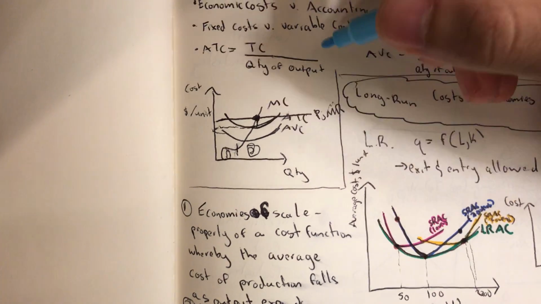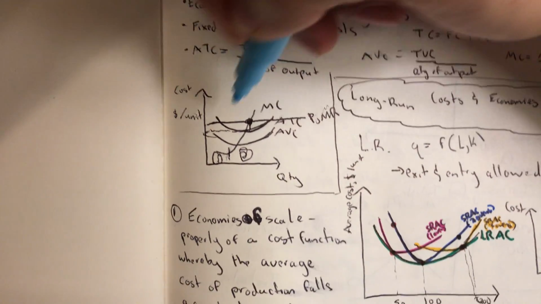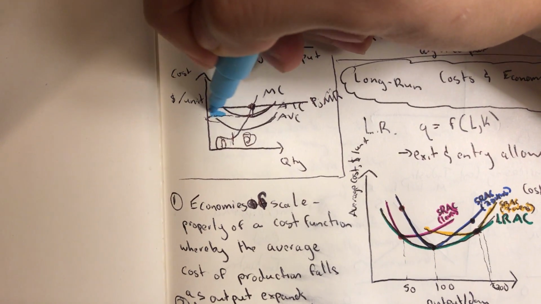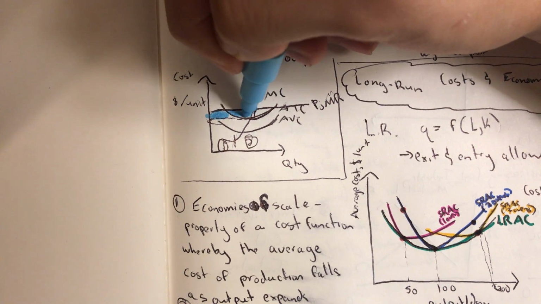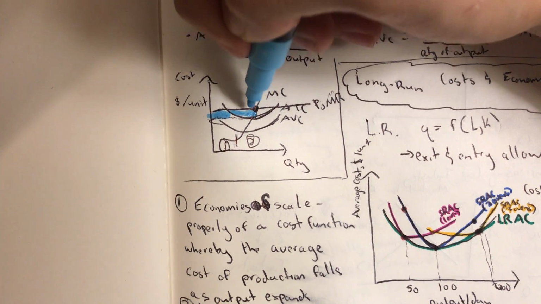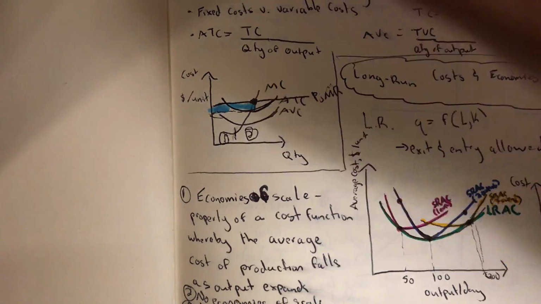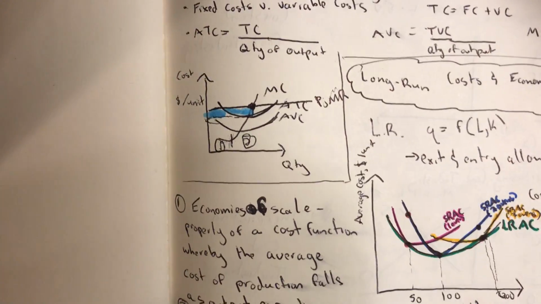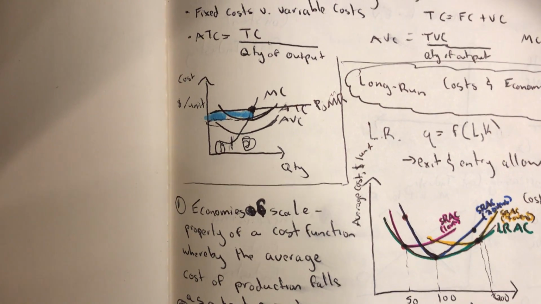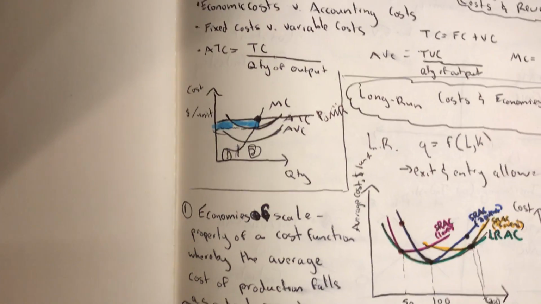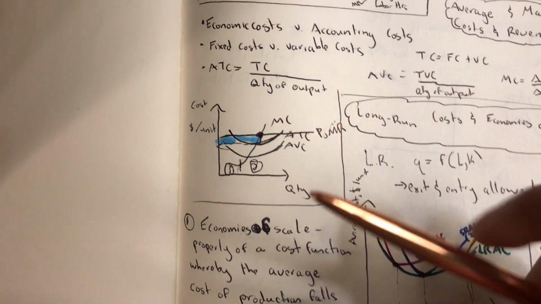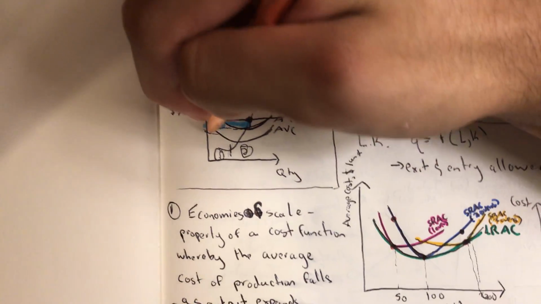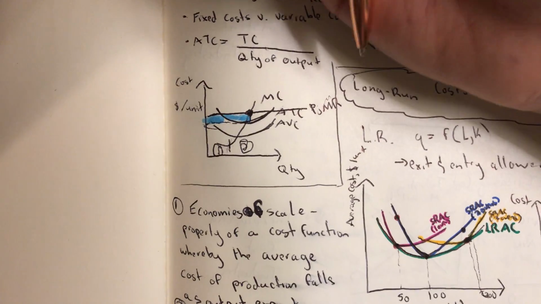So if price is above the minimum point of the ATC curve, the intersection of marginal revenue and marginal cost is going to be the profit maximization point, as we can see here, and that's quite a bit of profits earned by this firm.